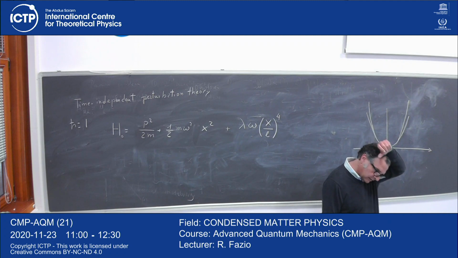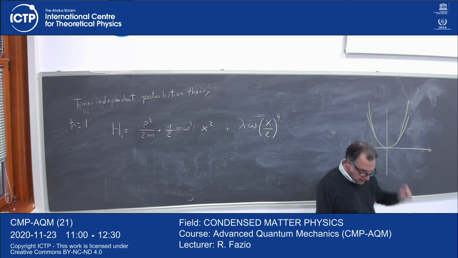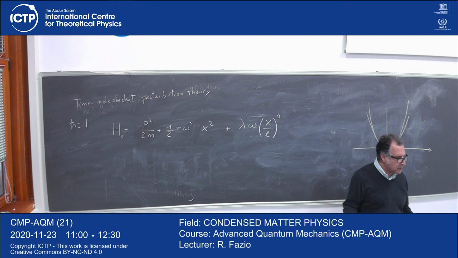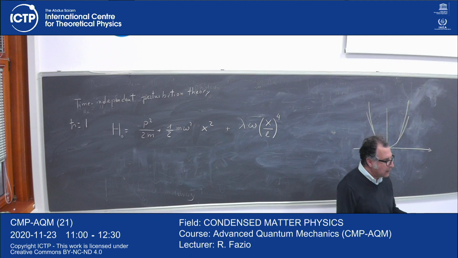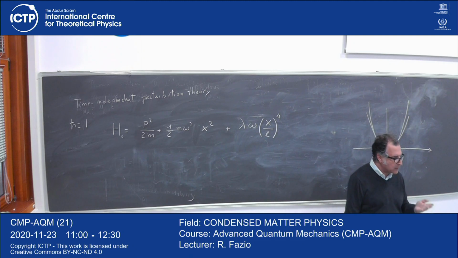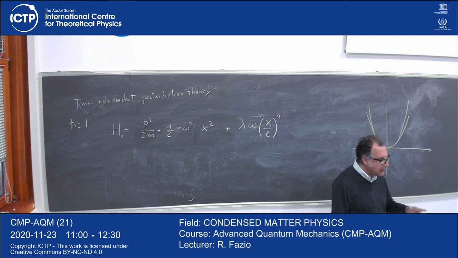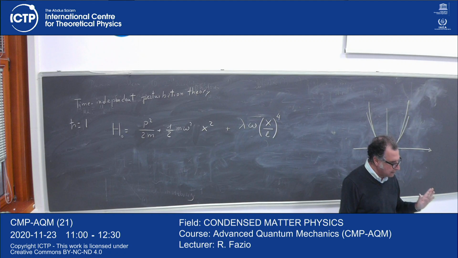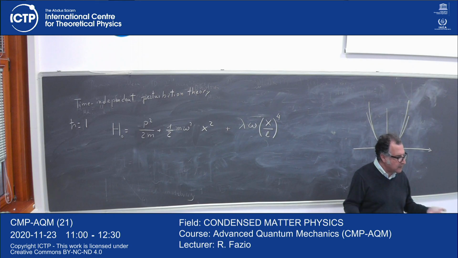No, that's it. So I want to know just, so you just compute the correction to the nth level. Now you have x to the fourth, so most probably you will have terms which are connecting n to n plus 4, okay? So you have only 8 terms. So you have to verify if there are some matrix elements that are zero or non-zero.